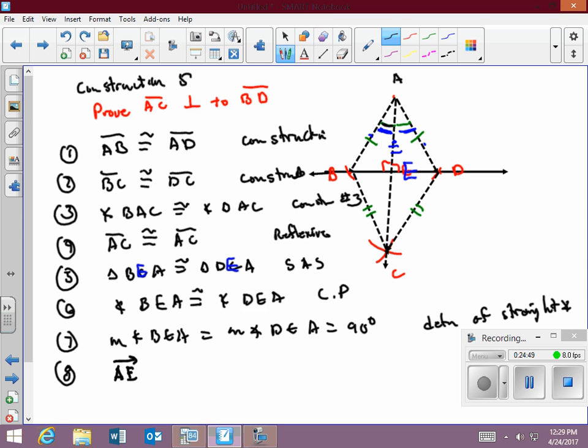That ray is going to be perpendicular to BD, that's definition of perpendicular.